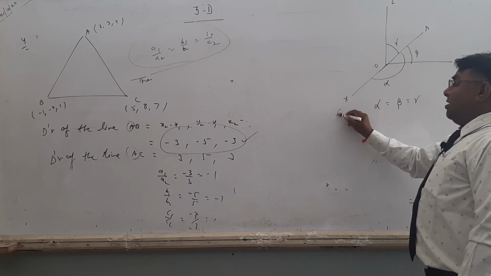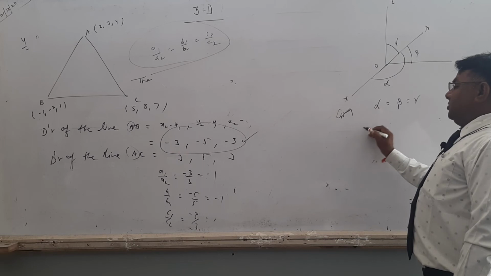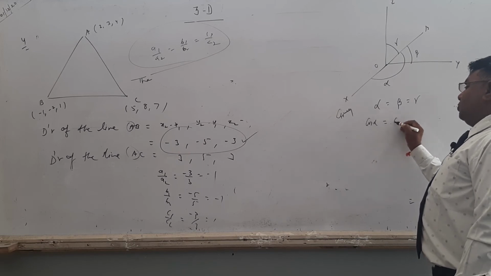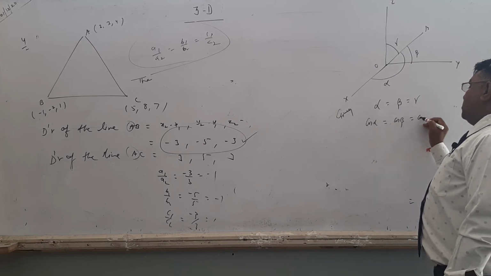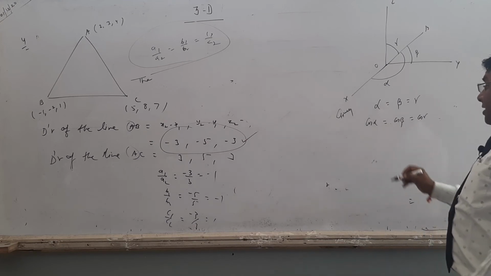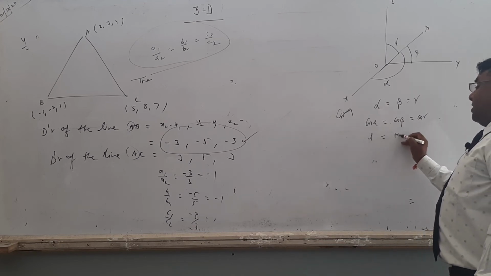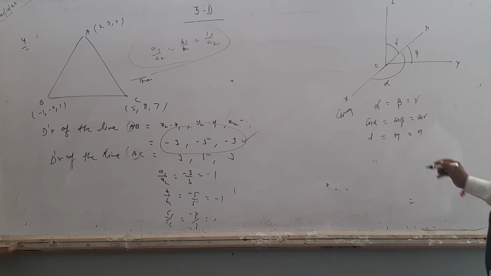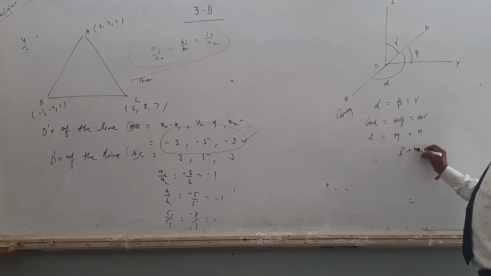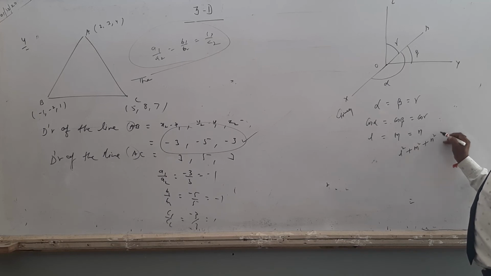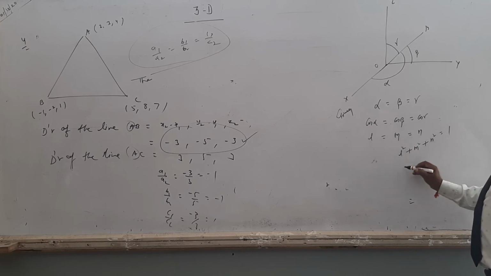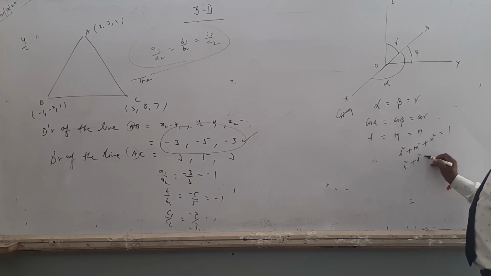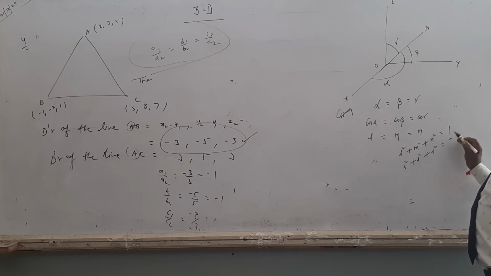Alpha, beta, gamma are equal, so that means cos alpha equals cos beta equals cos gamma. Taking cos on both sides, cos alpha is L, cos beta is M, and cos gamma is N. That means L, M and N are equal. And what is the relation between direction cosines? L square plus M square plus N square equals 1. But L, M and N are equal, that means L square plus L square plus L square, so that is 3L square equals 1.